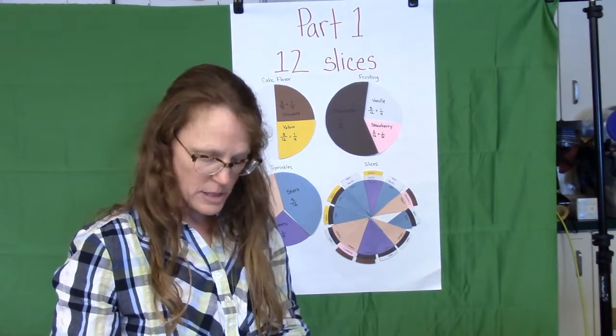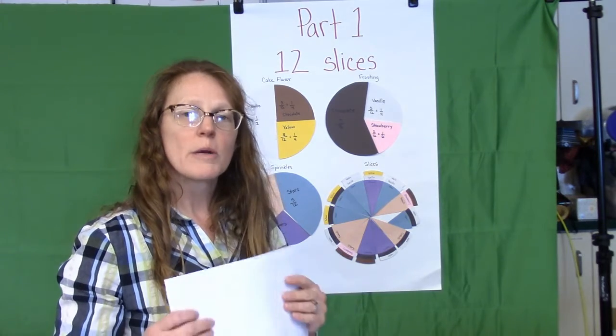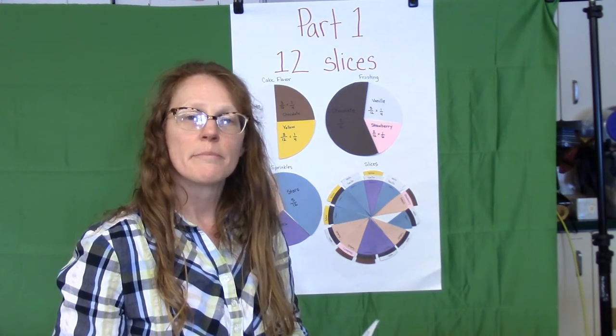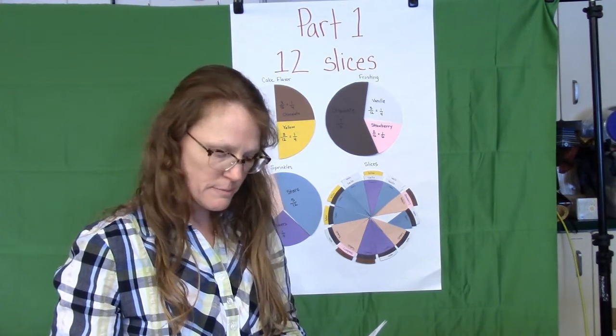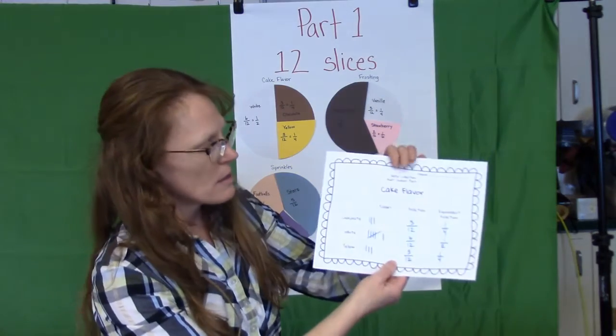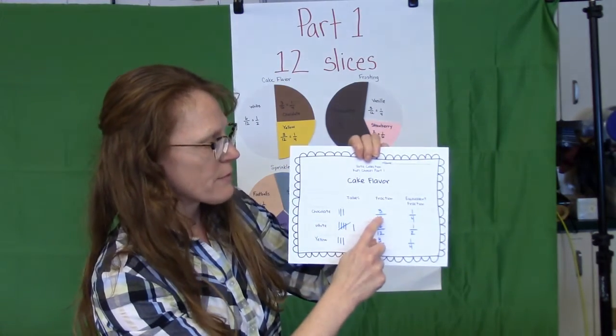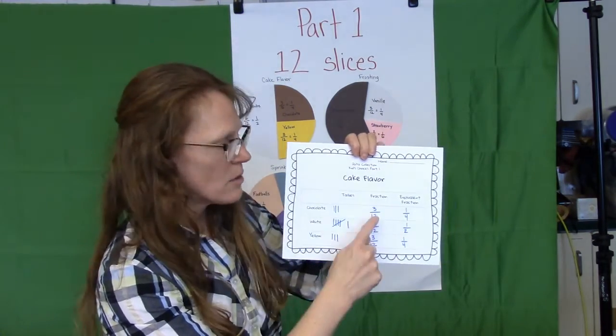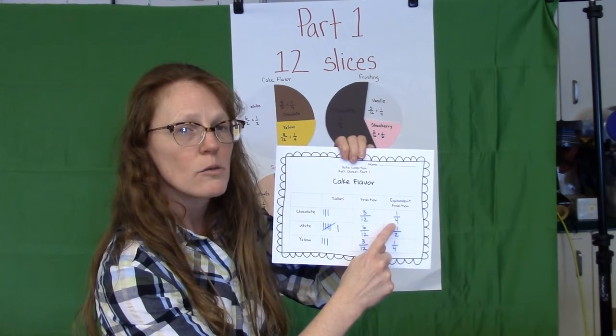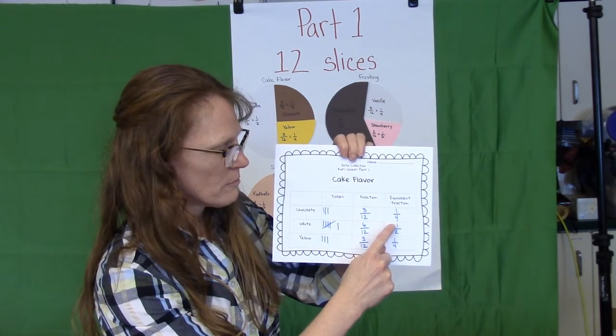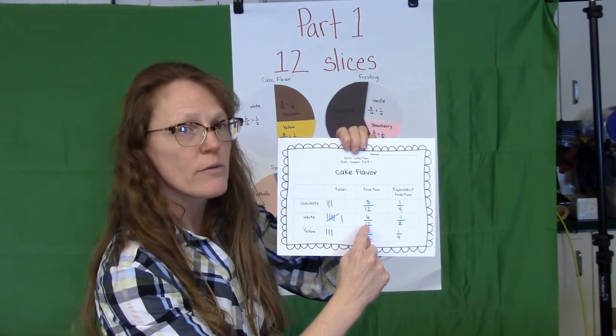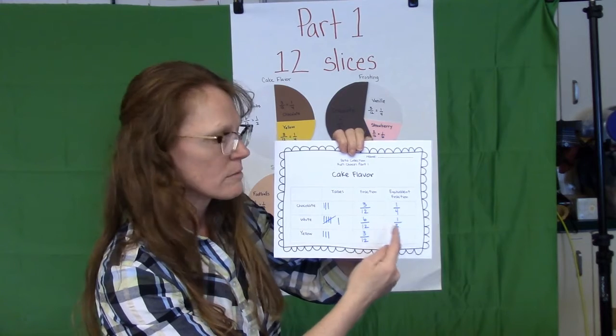Okay, so now that you have the fraction done, we need to solve the equivalent fraction. So for cake flavor, if we have 3 12ths, the equivalent fraction for that would be 1/4. 6 12ths, the equivalent fraction for that would be 1/2.